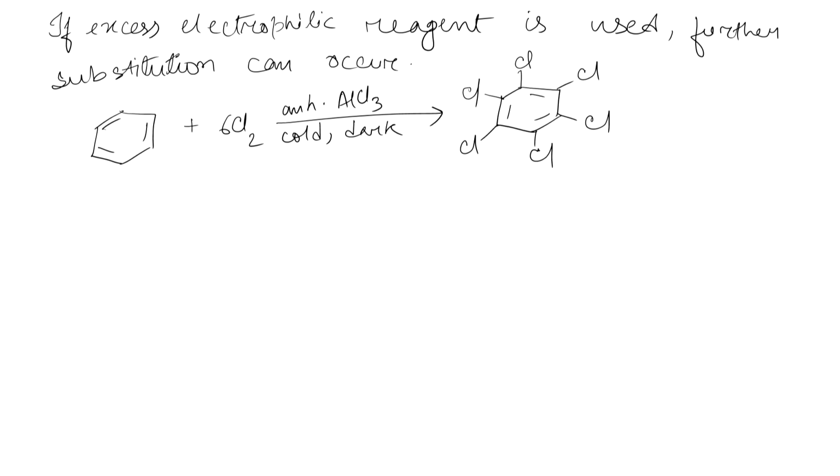This reaction occurs when we have excess electrophilic reagent. So by this we have completed the electrophilic substitution reactions of benzene. In the next lecture we will study other types of reactions and one other interesting property of benzene. Thank you.